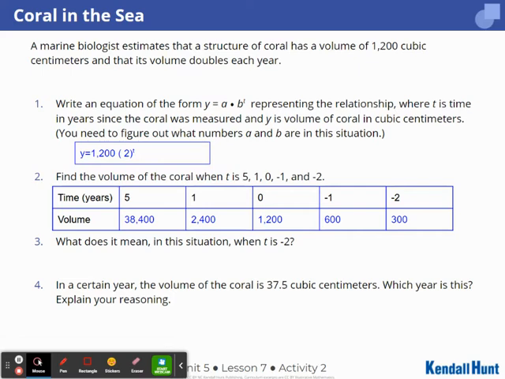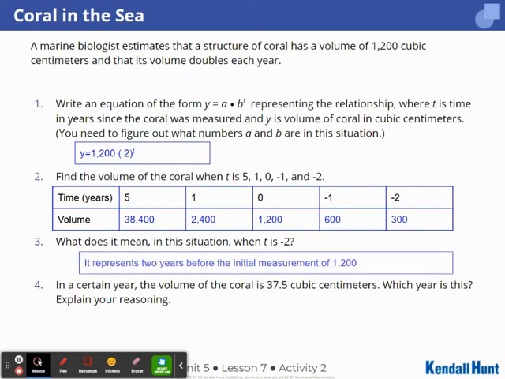So instead of negative 1 raised to the power, you can write that as 1 half to the power of 1. So we're cutting that in half because you're going backward. The negative values don't mean that we're looking at a negative time. It means that we're looking at a time before. So when t is negative 2, that tells us that we're looking at 2 years before the initial measurement of 1,200.